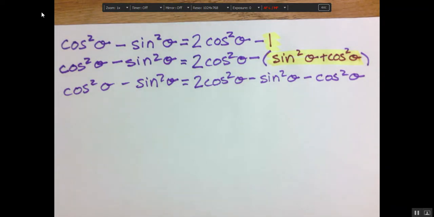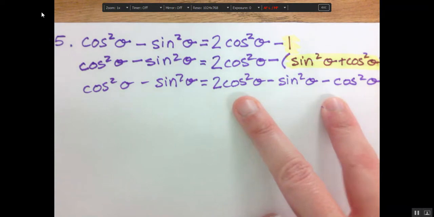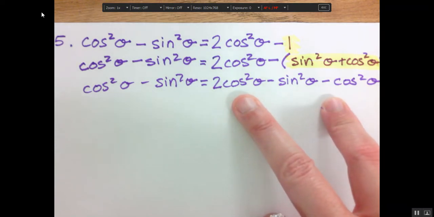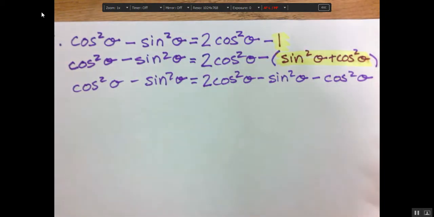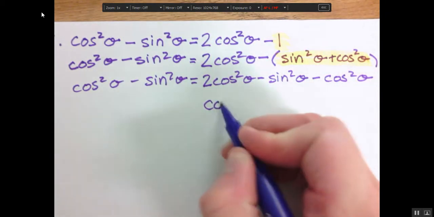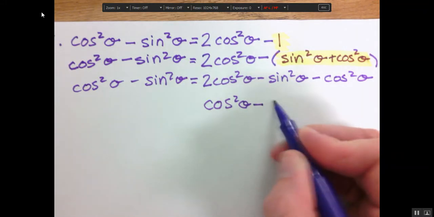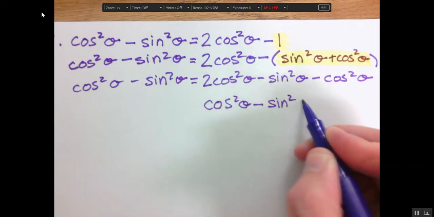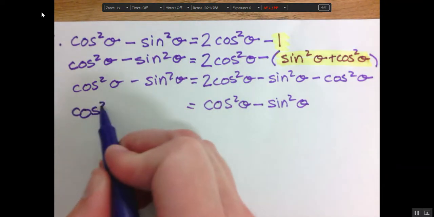The cosine squared theta is on the right side. True, right. So if I have 2 cos theta minus 1 cos theta, what does that give you? Just cos squared theta, yeah. 2 cos squared theta minus 1 cos squared theta is cos squared theta. And then I still have minus sine squared theta. And now they're the same, right? Nice.